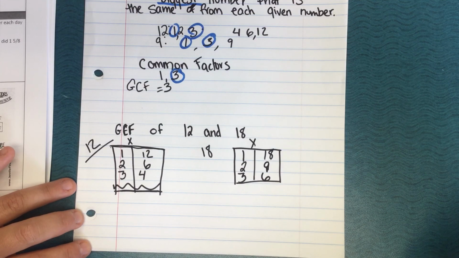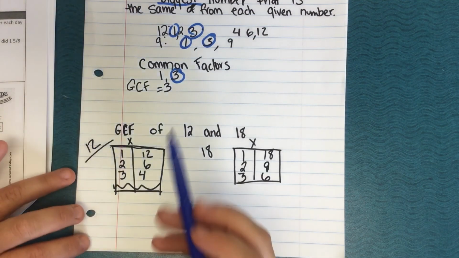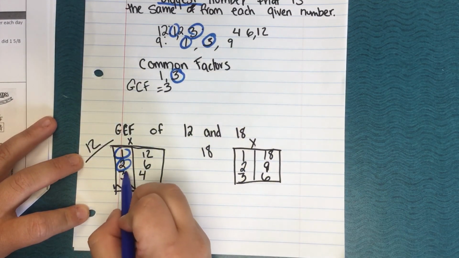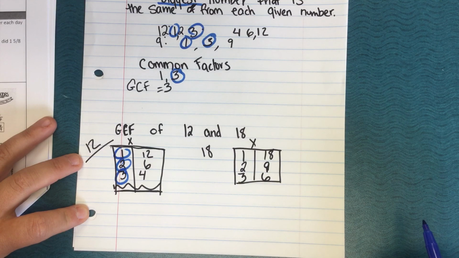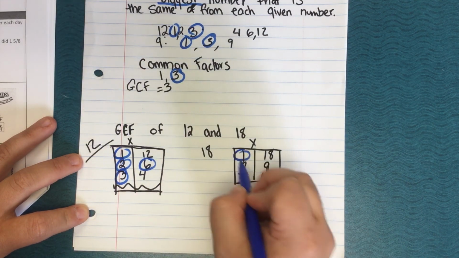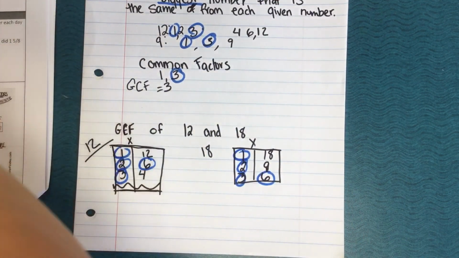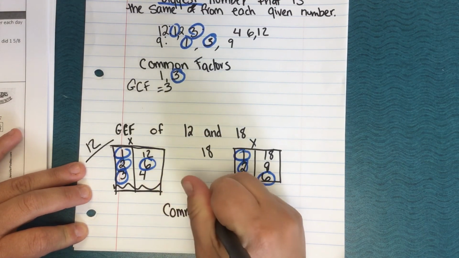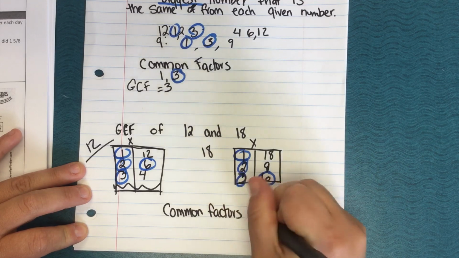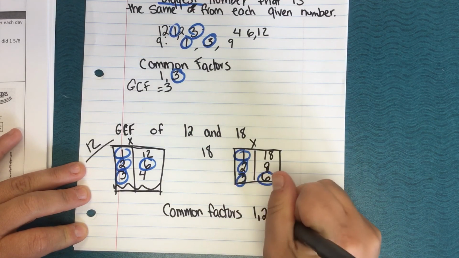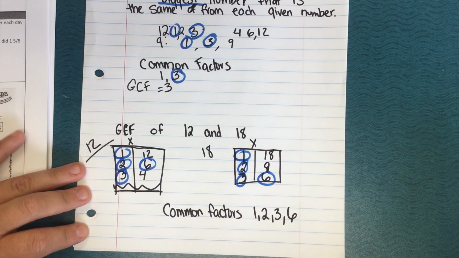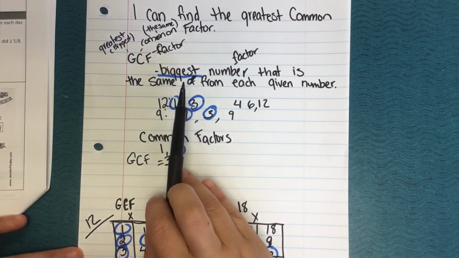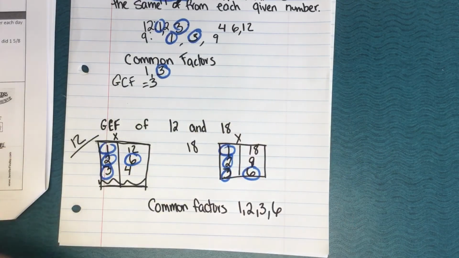Now I'm looking for, what do these numbers have in common? 1, 2, 3, and 6. They have a lot of common factors. Remember, I am looking for the biggest number they have in common when I'm finding the GCF.